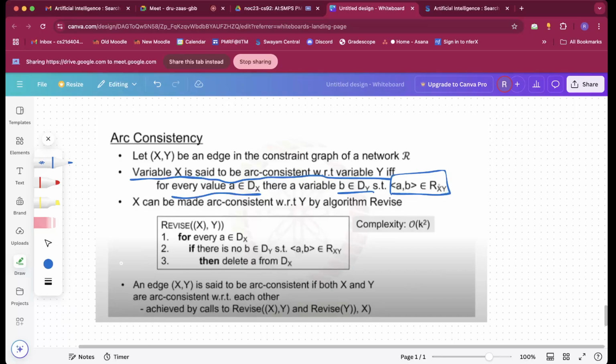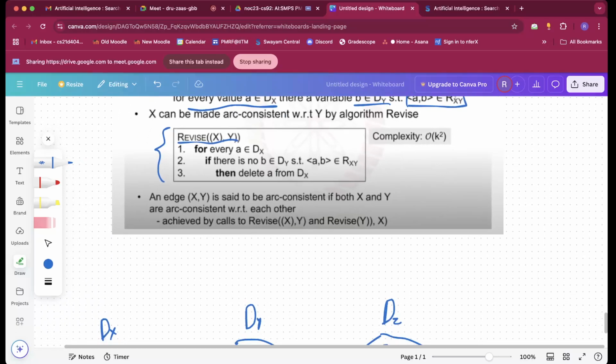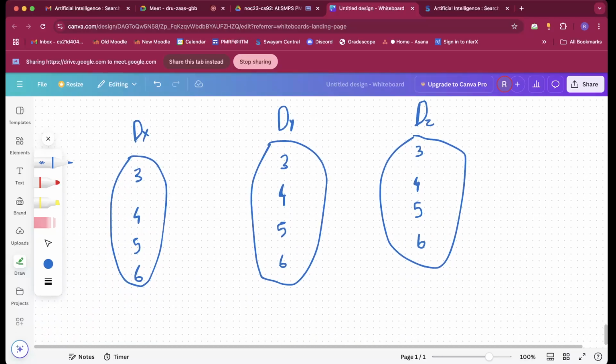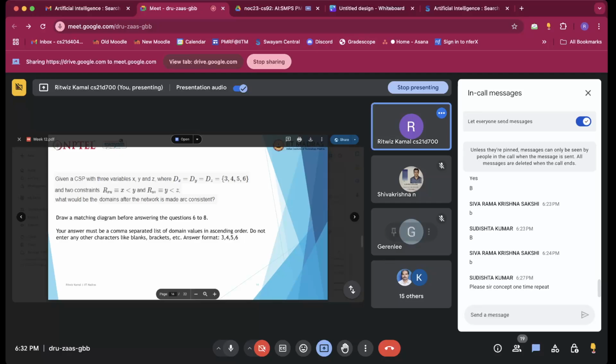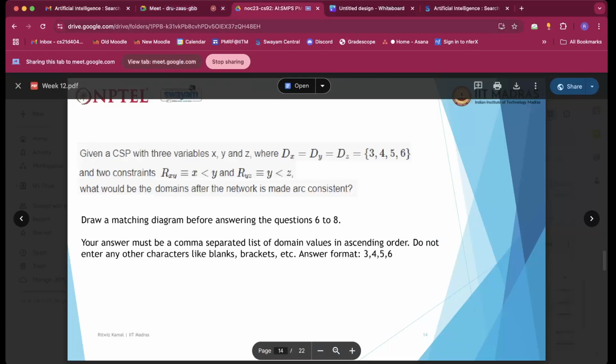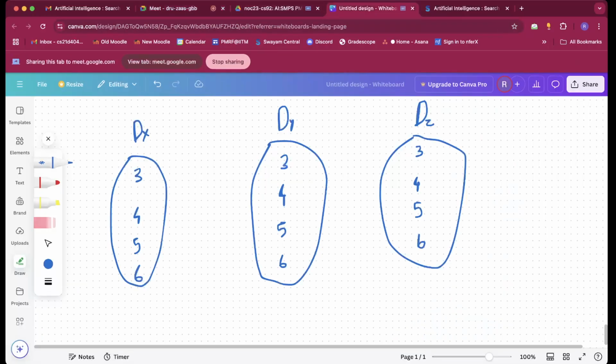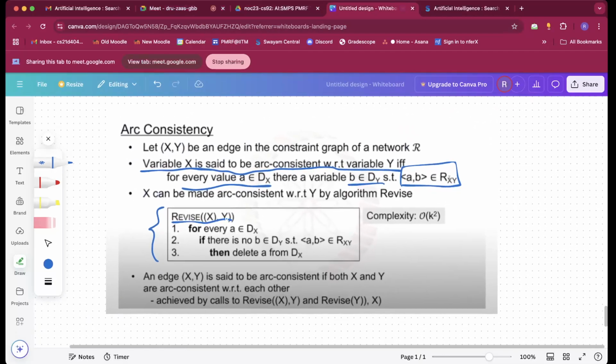Then this algorithm can be used to make a network arc consistent by using the revise function that is given to us. In order to solve our problem, what we can do is, oops, I think I didn't share my screen with you. So this is what I was telling initially.